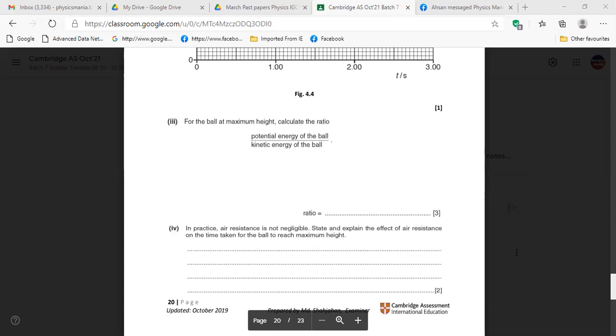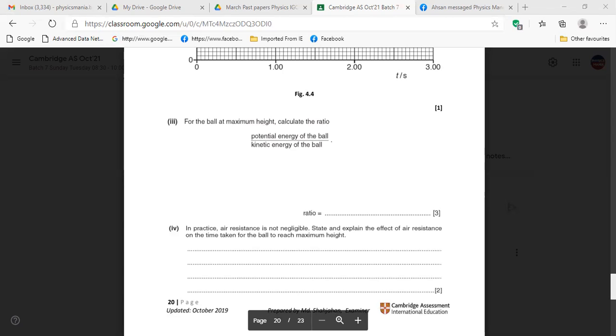Okay. Here, what exactly does maximum height mean, which one do we take as maximum height? Okay, maximum height. Previously we got 11, right? You see there are two graphs given, figure 4.3 and 4.4. The maximum height is 11, right?